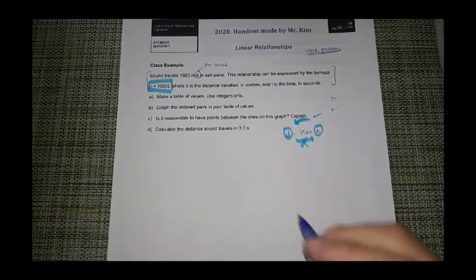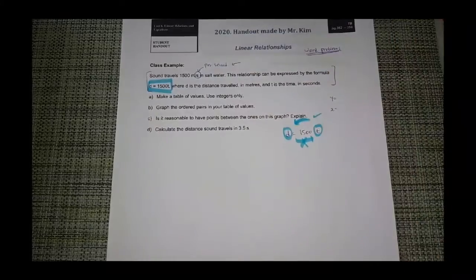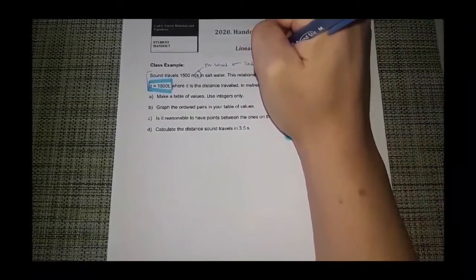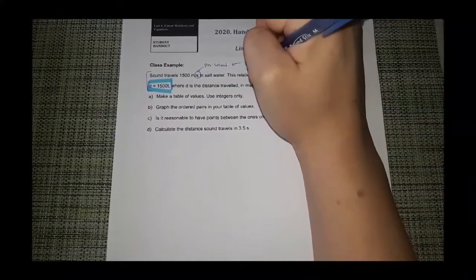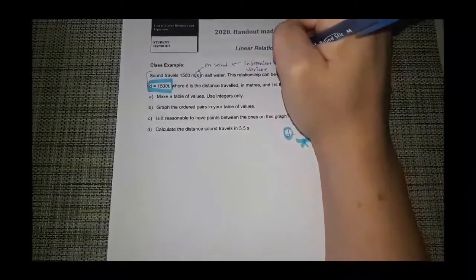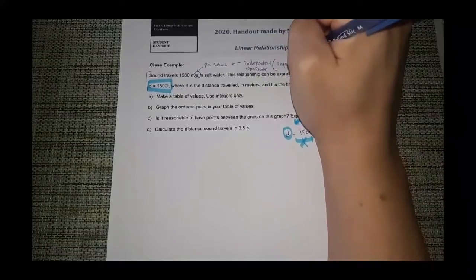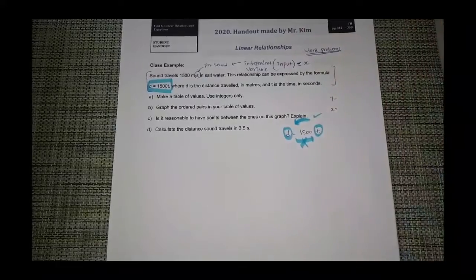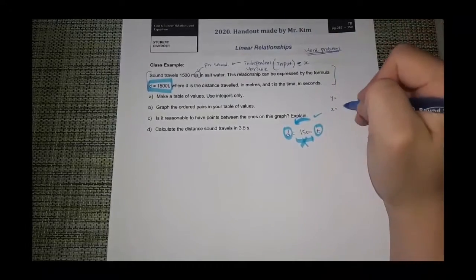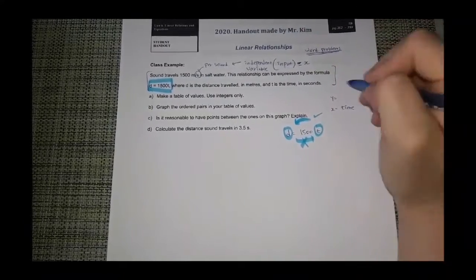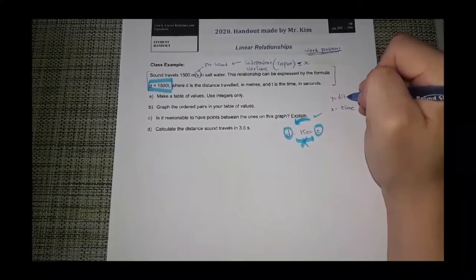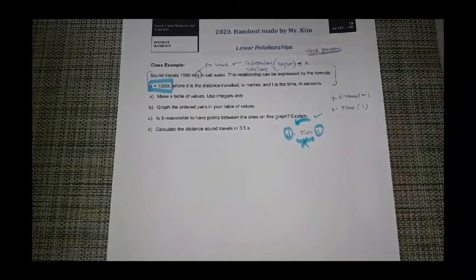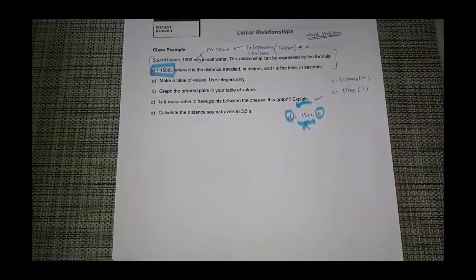So, per second, or anything that goes per something, from now on you can think of that as the independent variable or input value that affects the output, which is defined as x. So, x actually works as time, y actually works as distance, in meters and seconds.